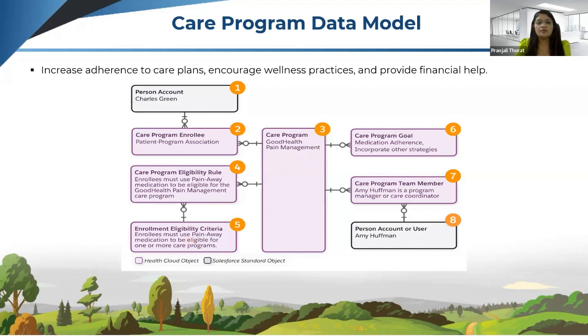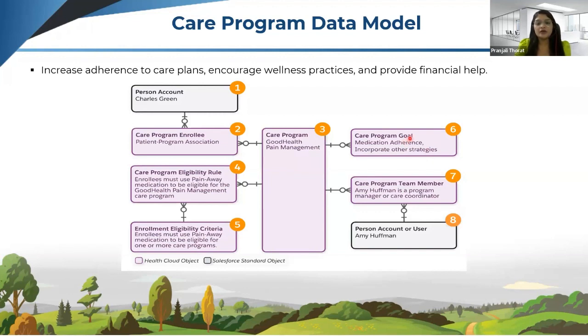Then the Health Cloud pain management care program has some goals. The care program goal represents business or clinical goals related to a care program. It includes data such as detailed descriptions of a goal, and its priority or sequence order relative to the other goals.